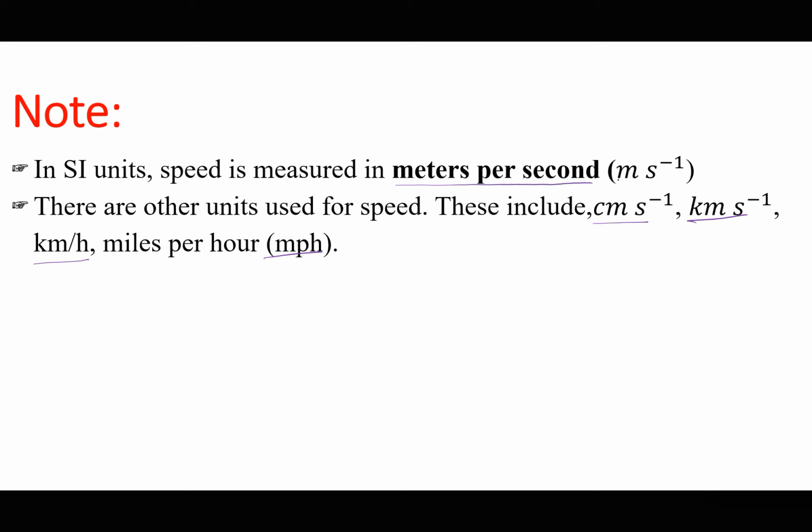Meters per second is made of base units, because meters is a unit of length, which is a base quantity, and seconds is a unit of time, which is also a base quantity.